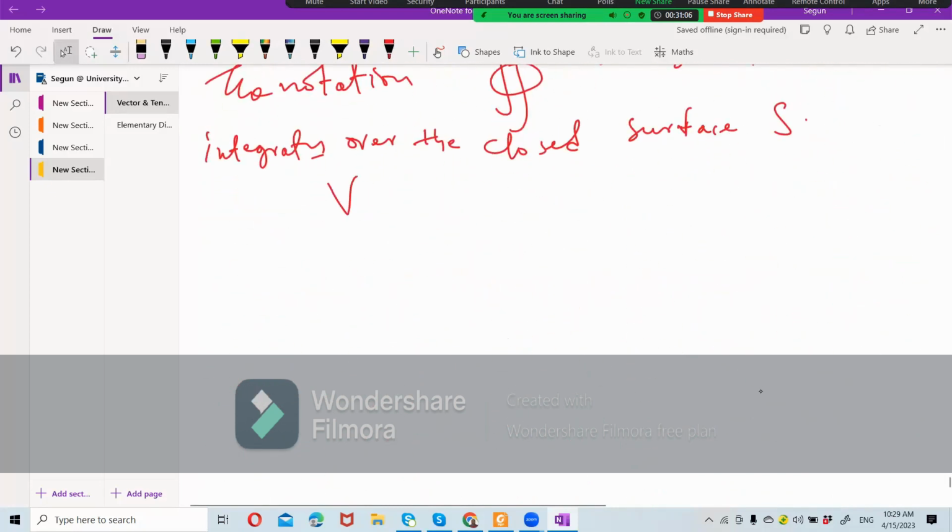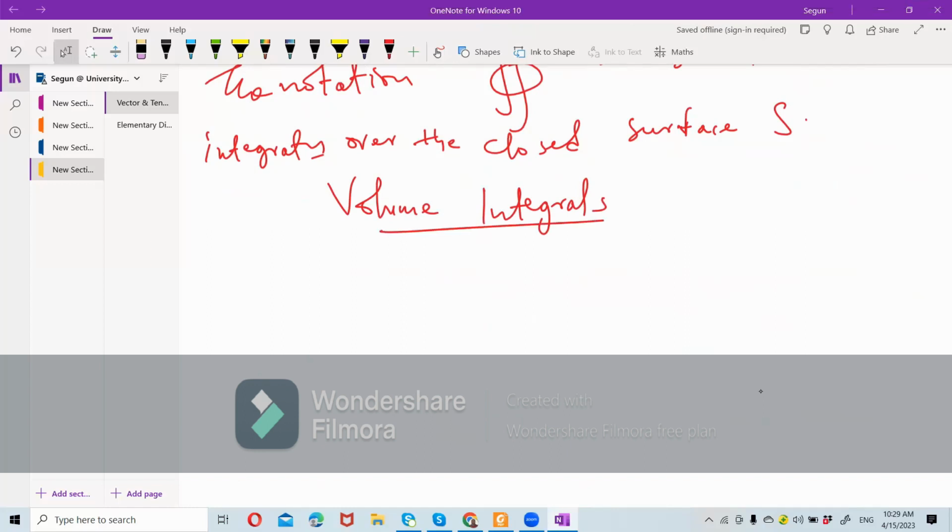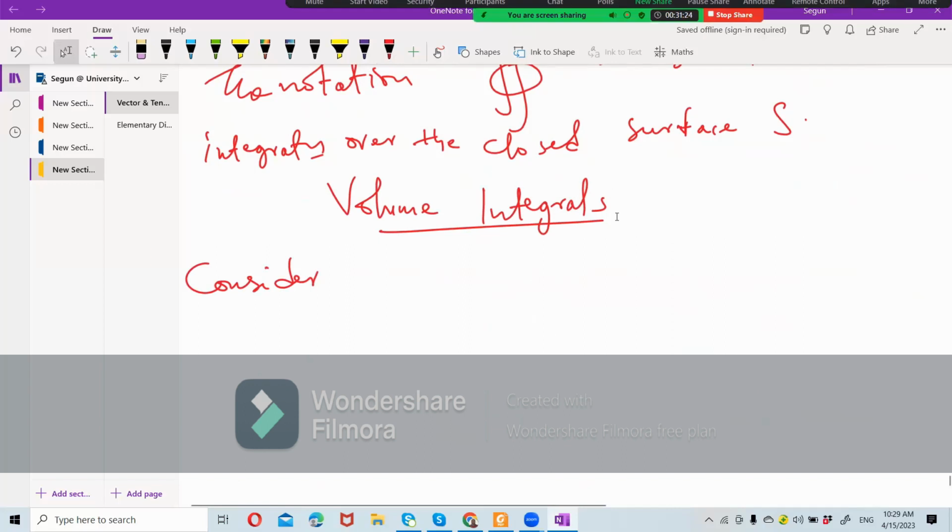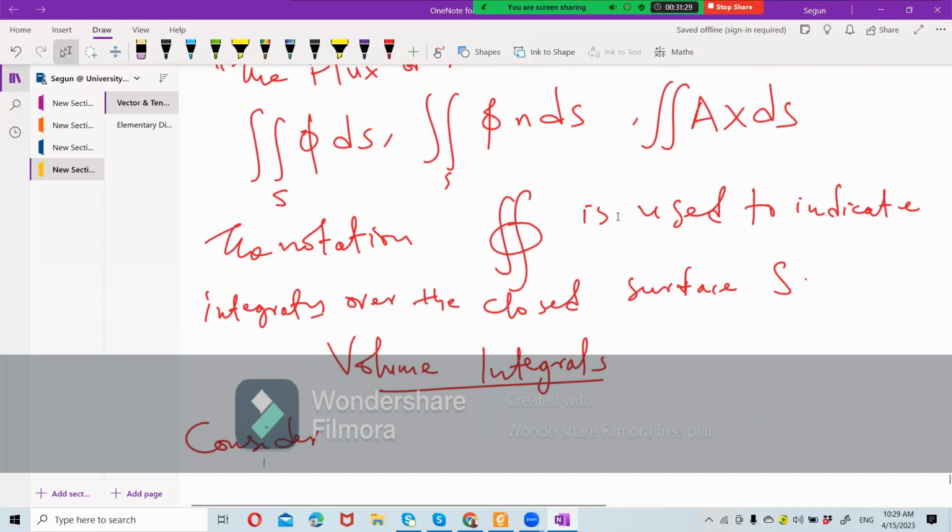Now, let's look at the volume integral. Please, can you scroll up a little bit? Some parts are missing. Are you okay with it?